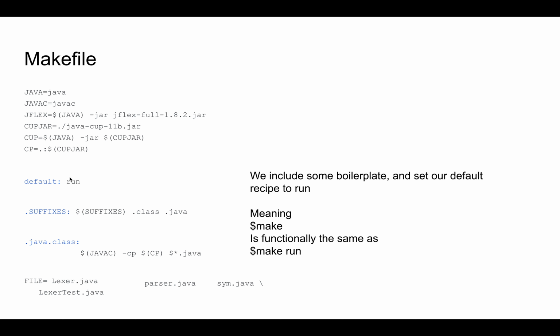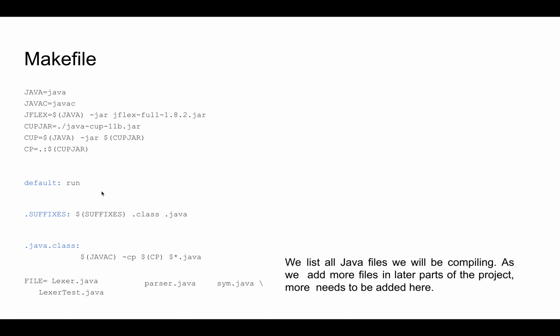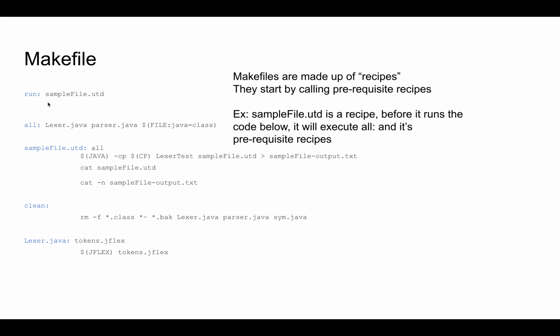So here we set the default recipe to the wrong one, and by invoking it, as you can see here, it calls the wrong recipe, and the wrong recipe then calls the sample file.utd recipe, and here it executes the all recipe first, which will create the lexer and parser, and then executes the rest of the commands here.